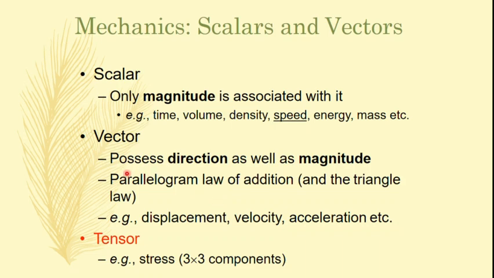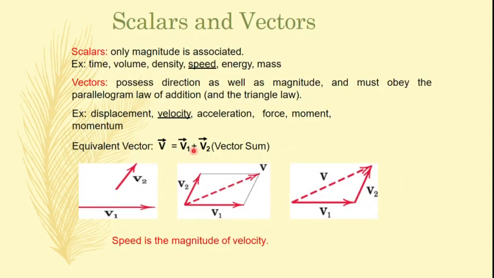We have to use this parallelogram law or this triangle law for the addition purpose. We will discuss this vector algebra later. Now this thing is already discussed, that in case of scalar, only magnitude is associated, and in case of vector, the direction as well as magnitude both are associated.